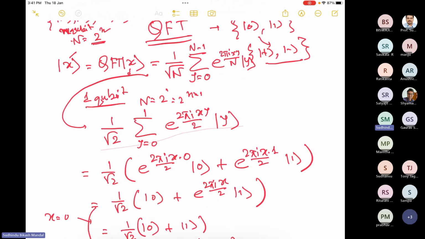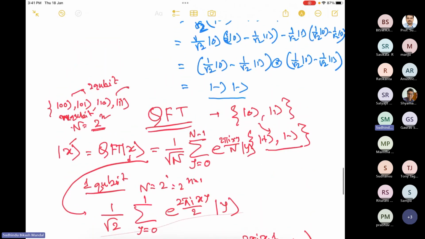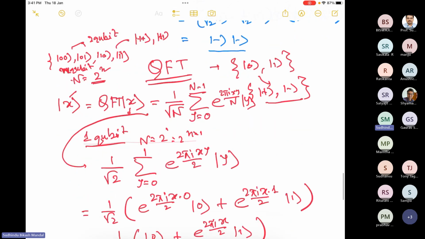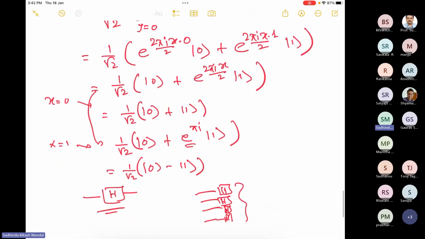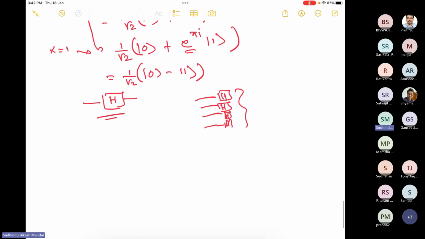For a 1 qubit gate it is very straightforward, but it is not the general case. For the computational basis, plus plus, plus minus, minus plus is not the Fourier basis corresponding to these 4 computational basis states. So if we want to make a generalized QFT circuit, we need to do more.